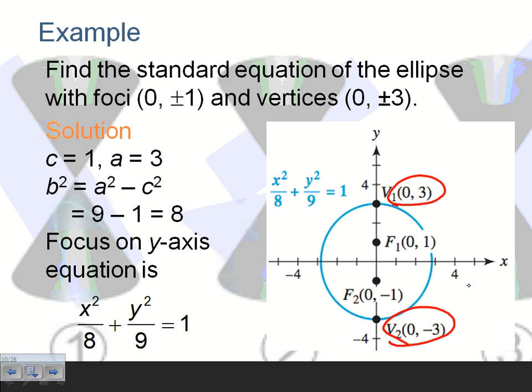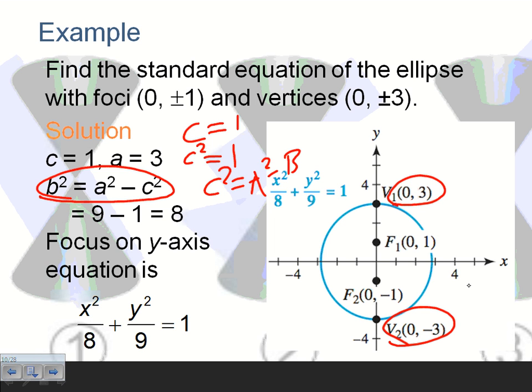If I look over here at what other information I'm given, I know that c is equal to 1, which means that c squared is equal to 1. So by manipulating the original equation, c squared equals a squared minus b squared, I'm solving for b squared because that's what I need.